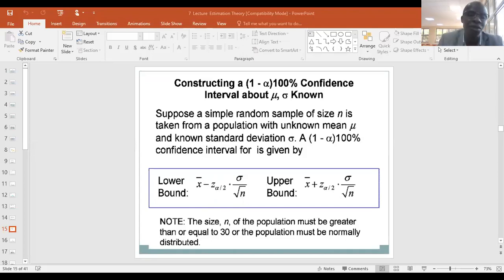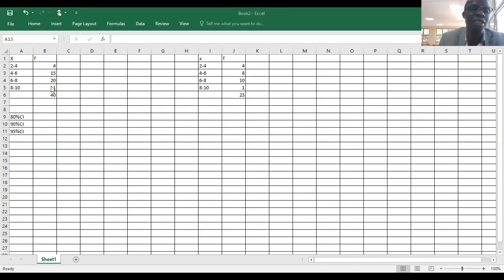Now, we come back here and determine the upper bound and the lower bound of that confidence interval. The first thing is to find X bar, the sample mean. First of all we get X cap, the midpoint. You write X cap properly, yeah? X cap here is 2 plus 4 divided by 2, which is 3.